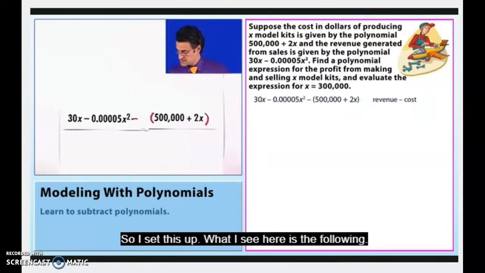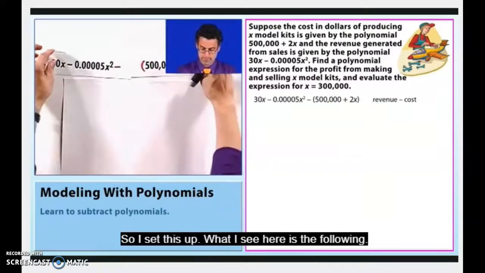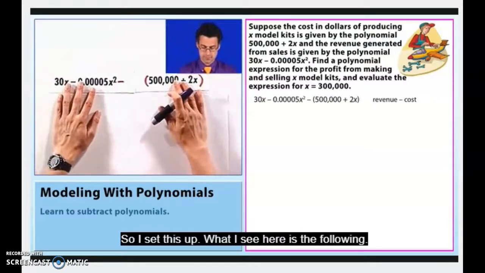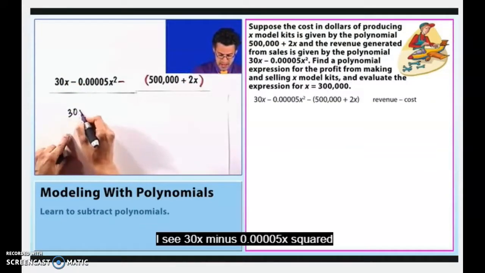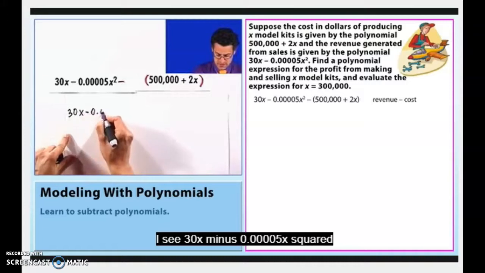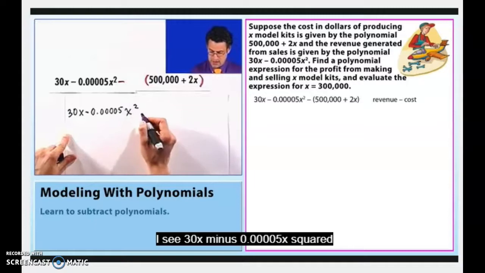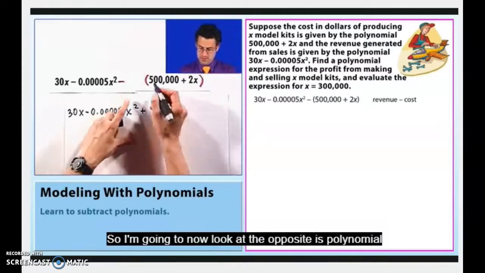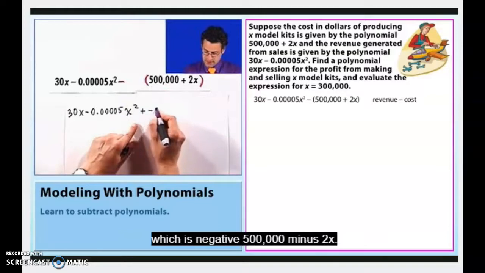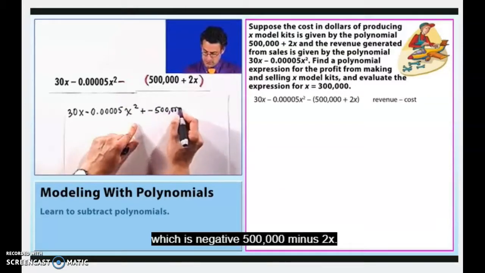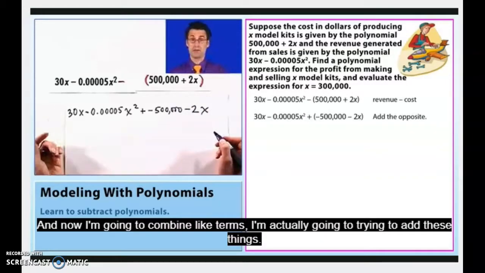So if I set this up, what I see here is the following. I see 30x minus 0.00005x squared. And I'm going to now add the opposite. So I'm going to now look at the opposite of this polynomial, which is negative 500,000 minus 2x. And now I'm going to try to combine like terms.